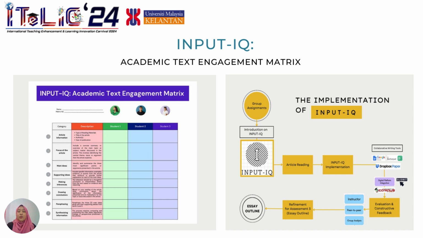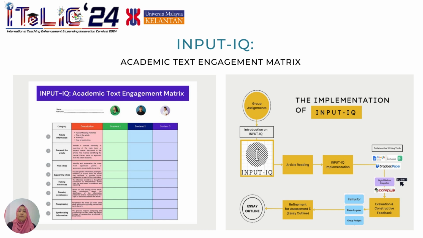First, we assign students to groups of three or four, and after that, we introduce them to these Input IQ metrics by expanding on the categories and descriptions. Next, we give the students about four to six academic texts that come from various sources. Once they start the reading, the students can start completing this Input IQ metric as well.